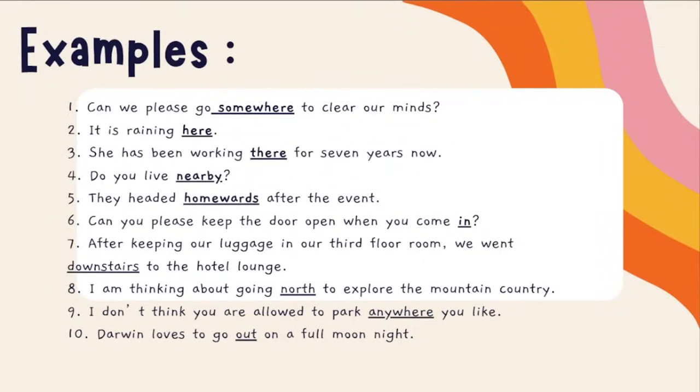So how do we use these in a sentence? Well, let's determine the adverb of place. For example, can we please go somewhere to clear our minds? This time, they use the word somewhere because it answered the question where. So where does the thing take place?